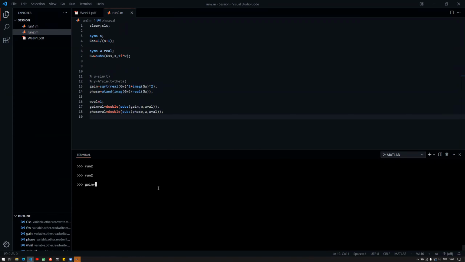So gain val looks like this, and phase val looks like this. This means that if I use an input u equals sine t, then my output should be 0.707 sine t minus 45 degrees.